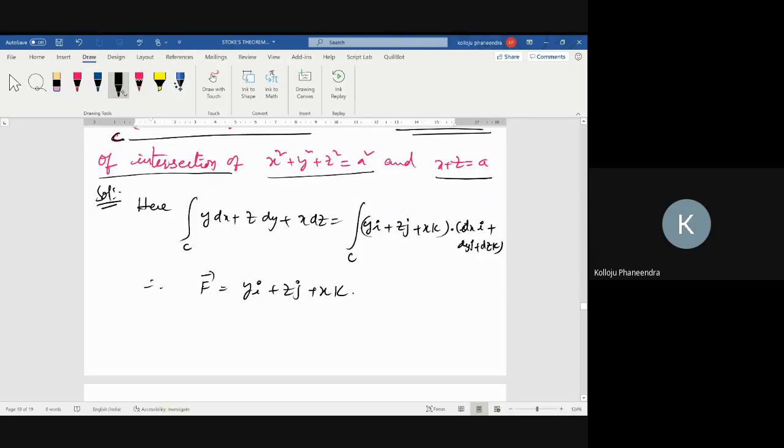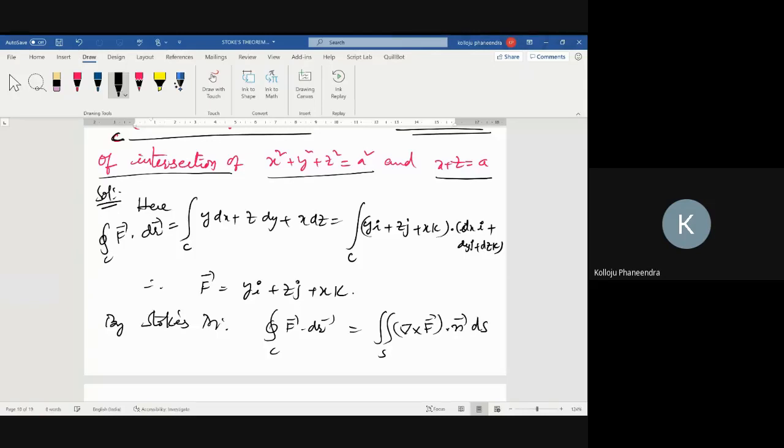After this, by Stokes theorem, over C, f bar dot dr bar equals curl f bar dot n bar ds.